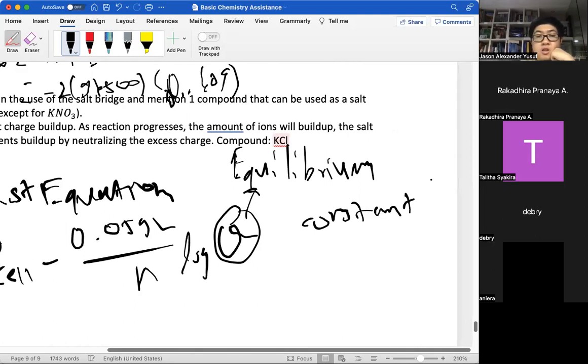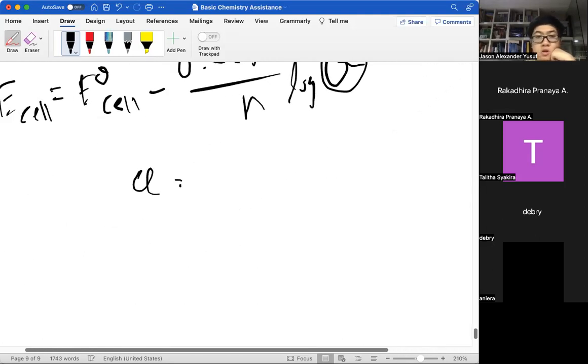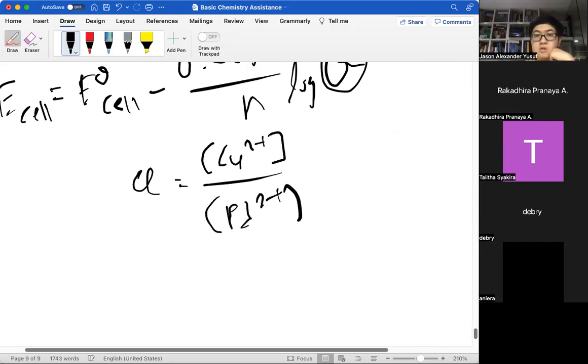And for this case, your Q is the concentration of Cu2+ over Pd2+.